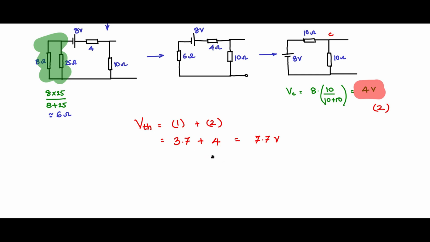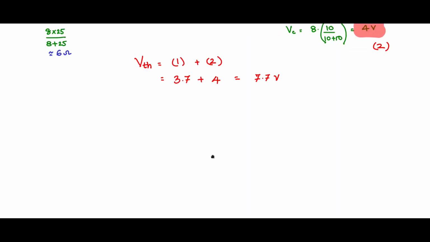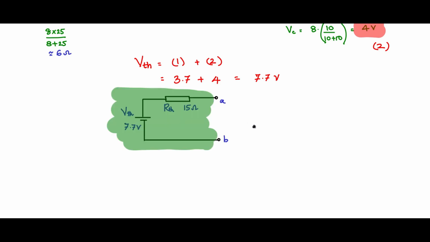Now the equivalent circuit is something like this. So let us draw the equivalent Thevenin source. This is the equivalent Thevenin series impedance, or the driving point impedance. This is the terminals A and B. So V Thevenin we calculated at 7.7 volts, R Thevenin calculated as 15 ohms, and this whole thing is the Thevenin equivalent circuit.